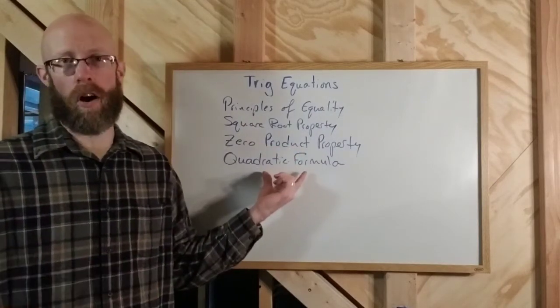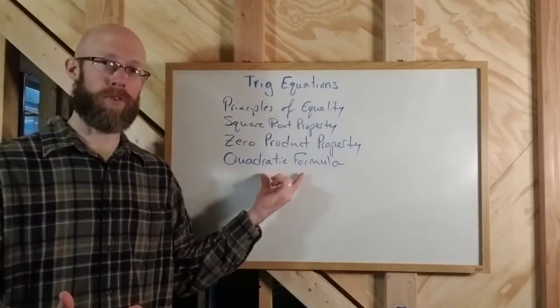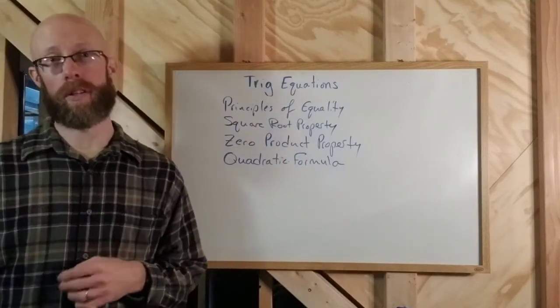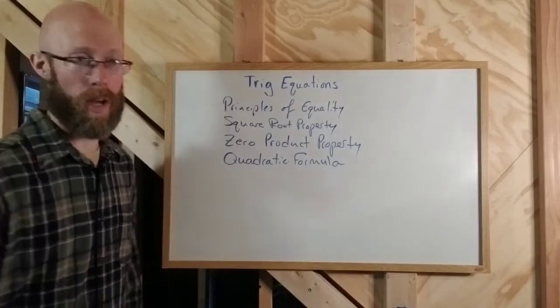Actually, it works for all of them, but it's especially helpful when it's not factorable because you can't use the zero product property, or at least you can't use it as easily, okay?